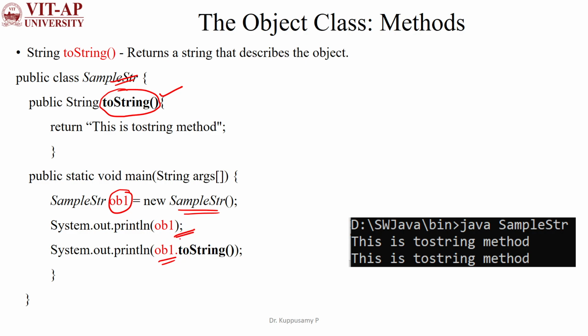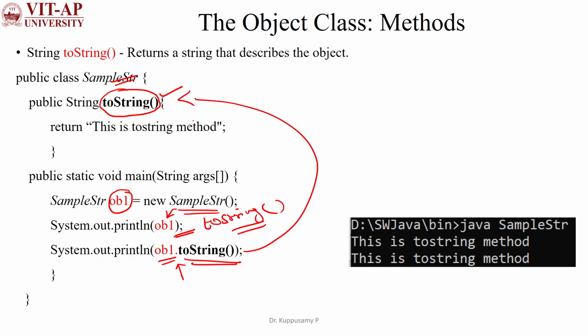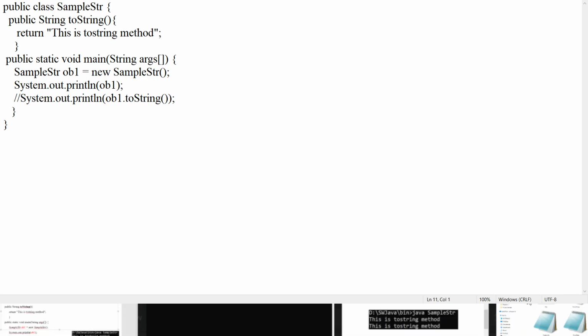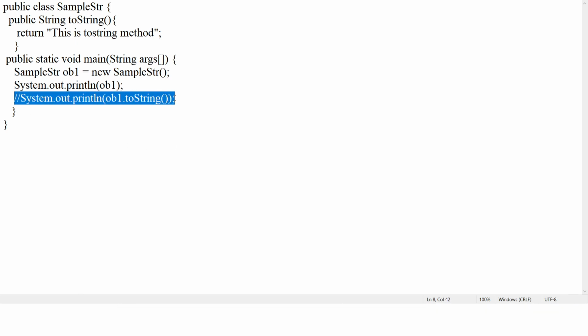Without mentioning the toString method I called that object, so in the background this method is called automatically. Even if I remove this statement, the toString method will still be called in the background.